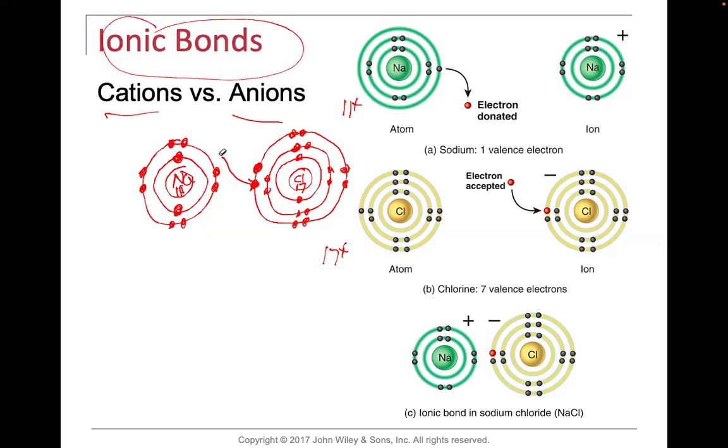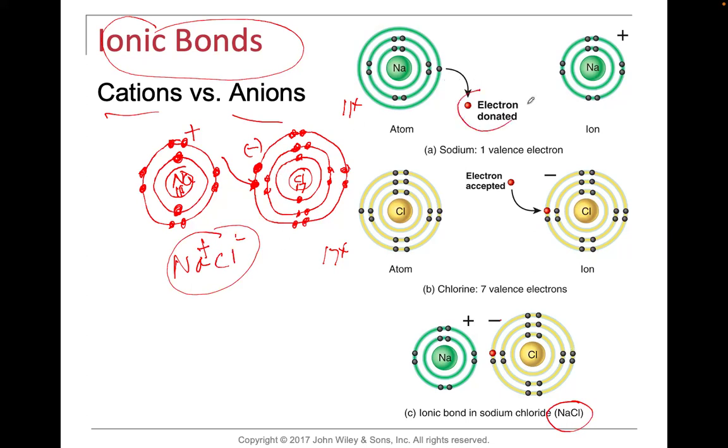That's gone. So the electron came here. This one lost one. So if you lose an electron, that becomes more positive. This one gained an electron, so that becomes more negative. That's an ionic bond. So we have something called Na plus Cl minus, sodium chloride.